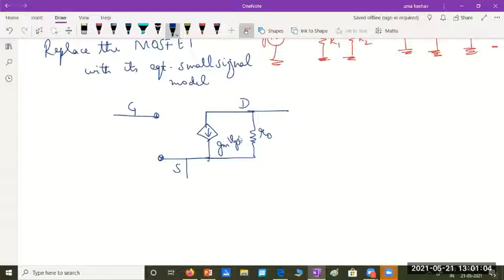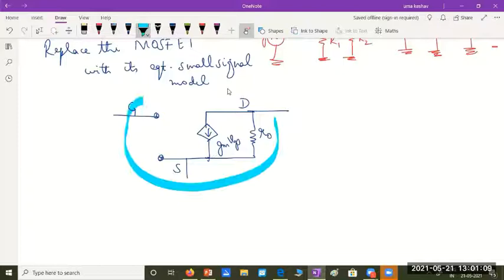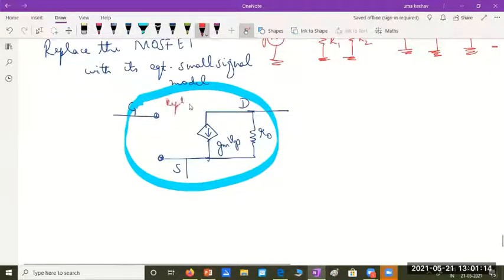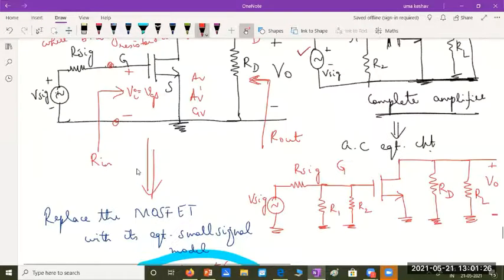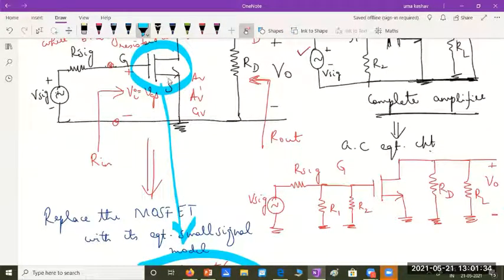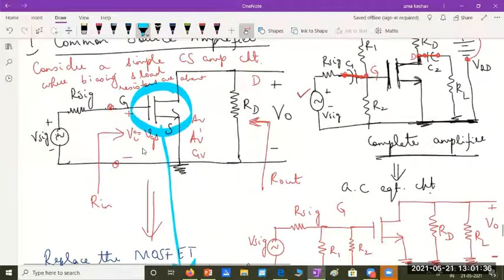So this was the equivalent model of the MOSFET. Please remember, this is the replacement or model of the MOSFET. Now, in this circuit, I am replacing this MOSFET with this model. The remaining elements in this circuit should be brought back to the new circuit.